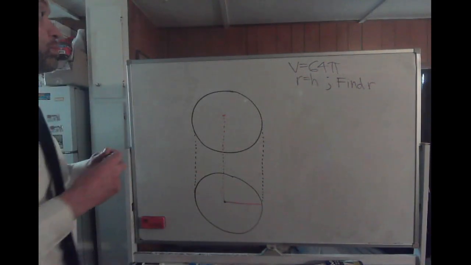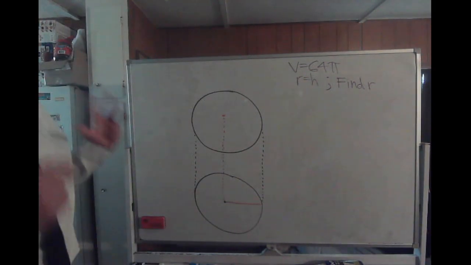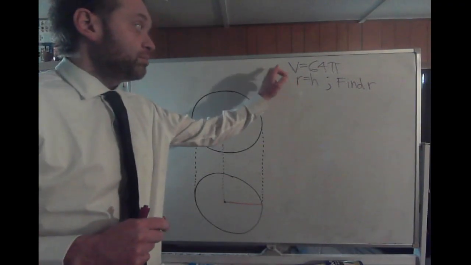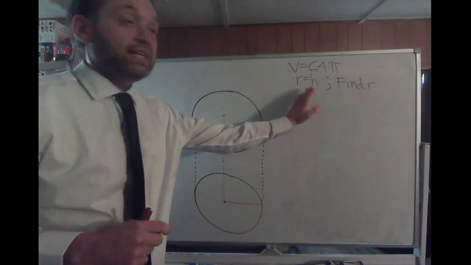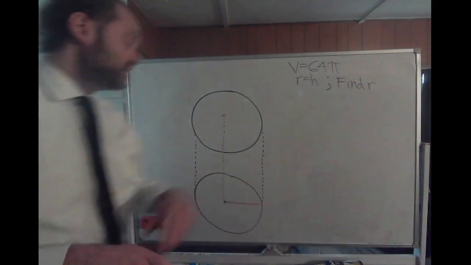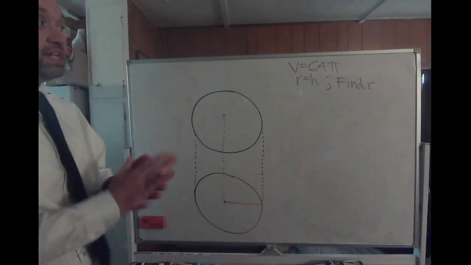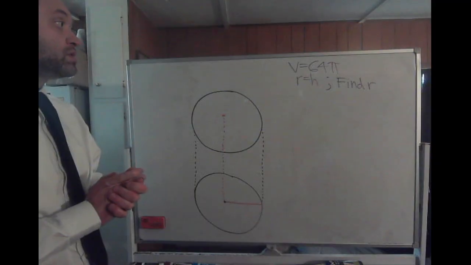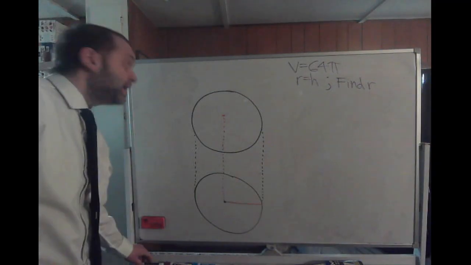So, okay, we have that the volume of this cylinder is 64 pi. The radius equals the height. Find the radius. So we obviously need to solve for the radius. We know the volume, 64 pi.